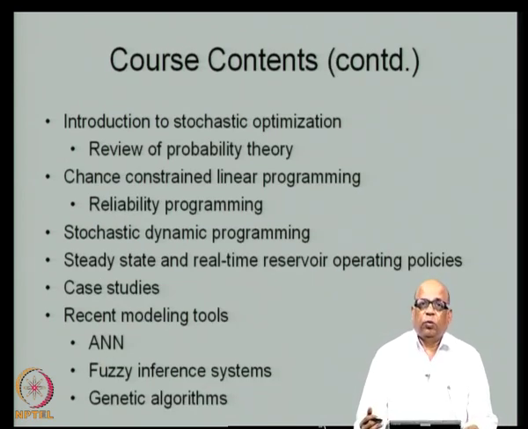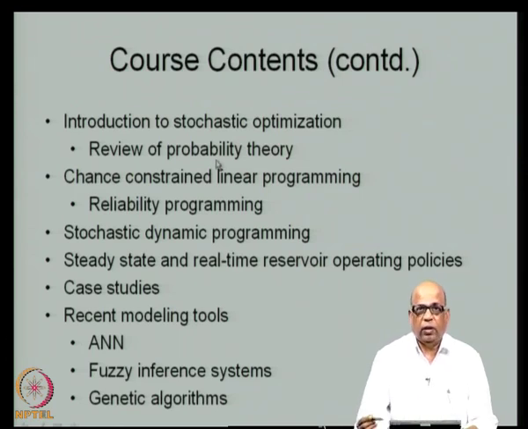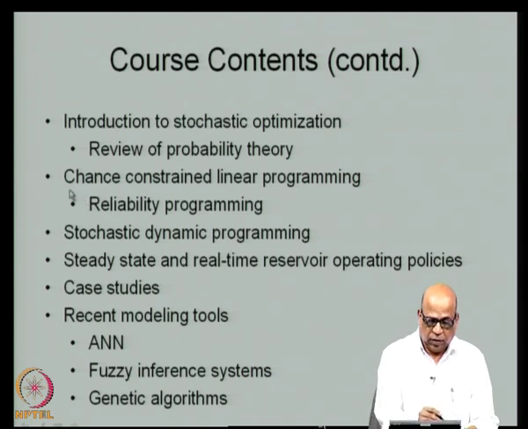Then we go on to stochastic optimization, where we will use the probability theory, and as an introduction to stochastic optimization, I will briefly review the probability theory, just the necessary portion of the probability theory for use in stochastic optimization. In the stochastic optimization, we will deal with two specific techniques.